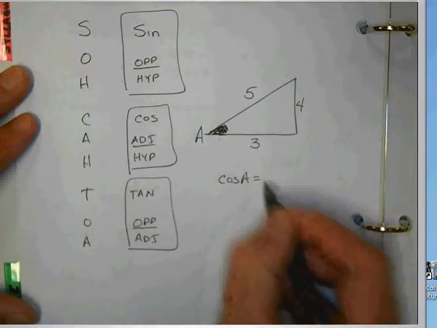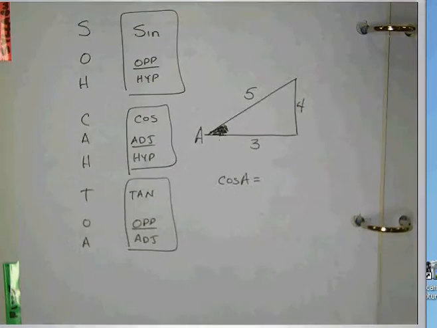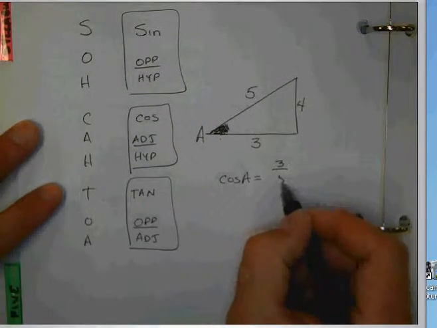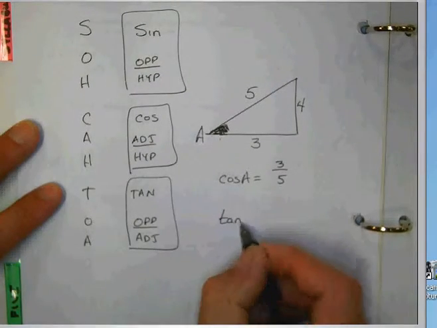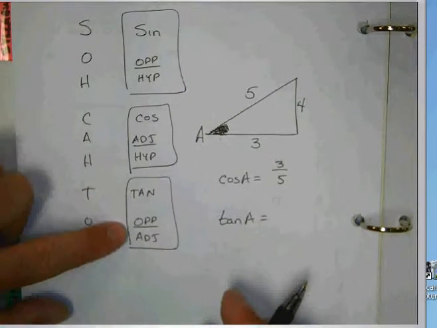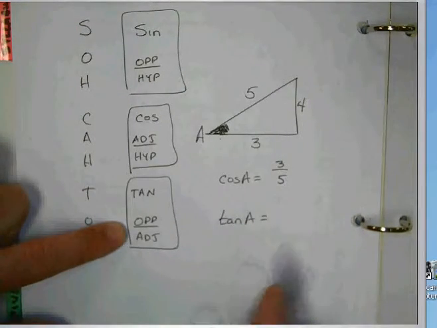Adjacent over hypotenuse. What's adjacent to A? The 3 is adjacent. So cosine of A would be 3 over 5. Someone else, give me tangent of A. Think tangent, opposite over adjacent. What's opposite of A? 4 over 3.